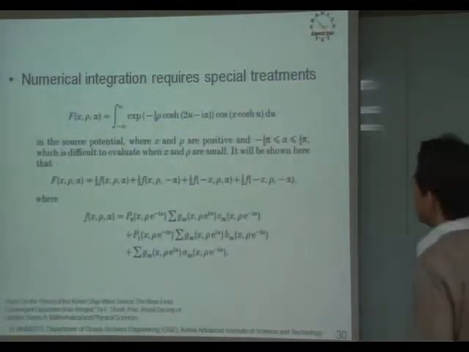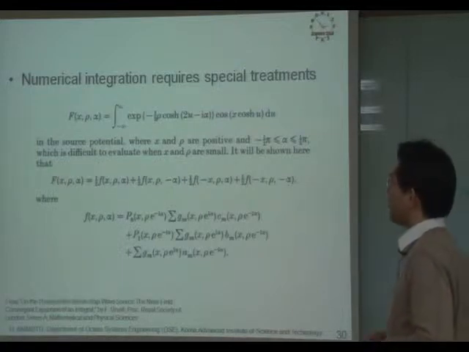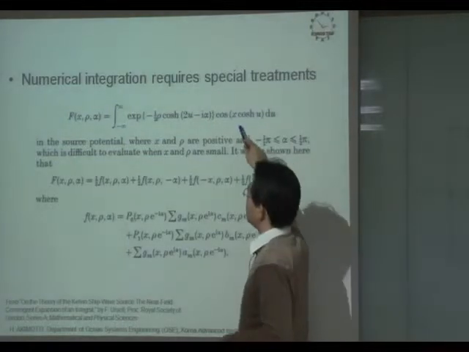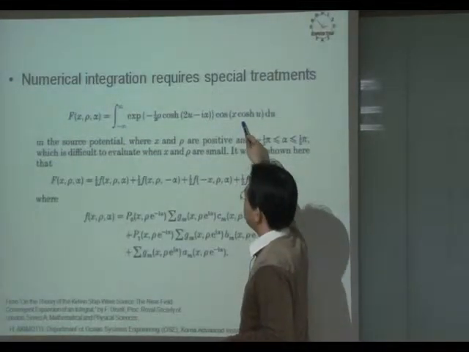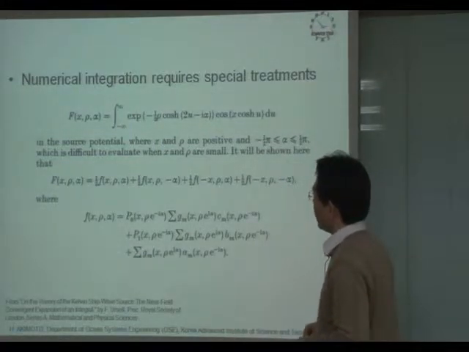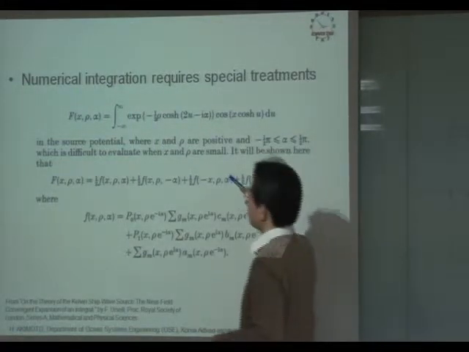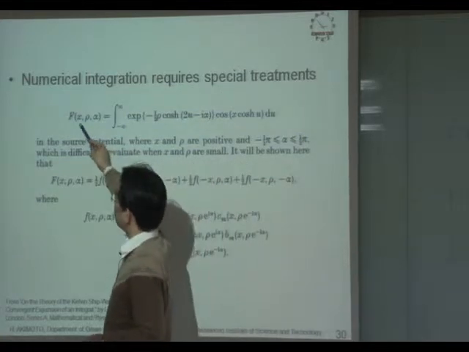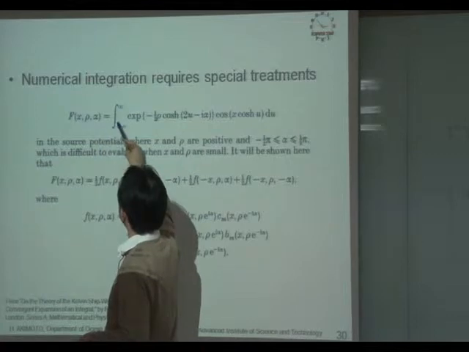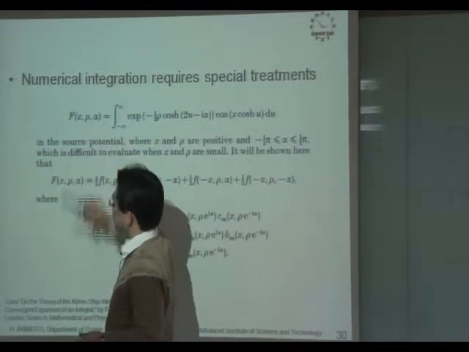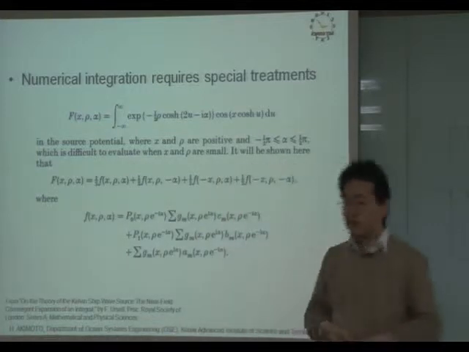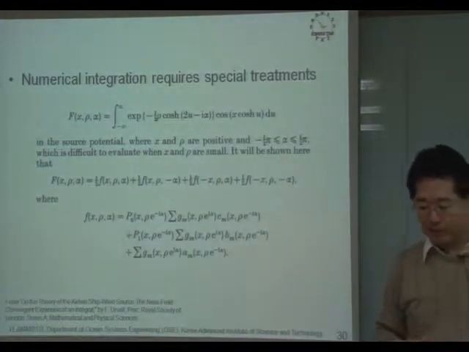The actual integration of Kelvin wave source is complicated. This is the basic formulation of the source. However, it is difficult. It has the position of the source and the density of the source, and alpha is the direction of wave propagation.